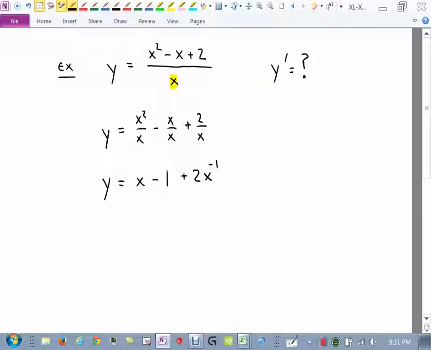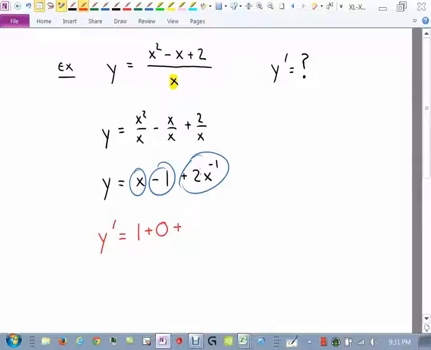All right, so now what we can do is take the derivative of each of these individually because they're separated by addition and subtraction. So my derivative will be the derivative of x, which we said earlier was 1, plus the derivative of a constant. Derivative of a constant is 0, plus, now here we have a constant in front of a function, so I'm just going to write the constant.